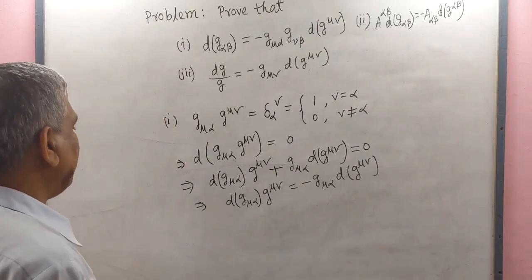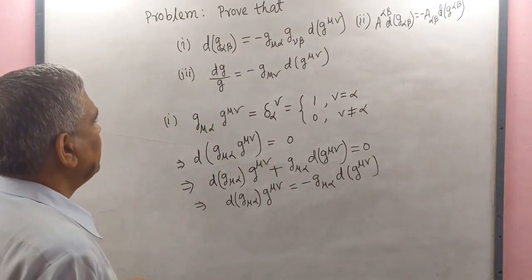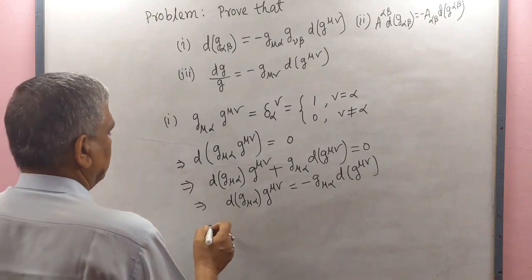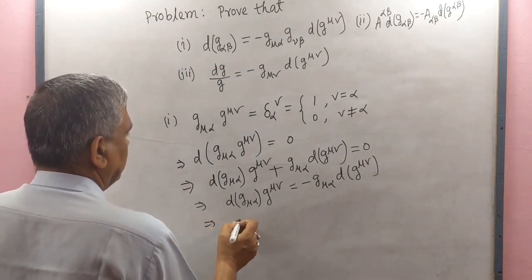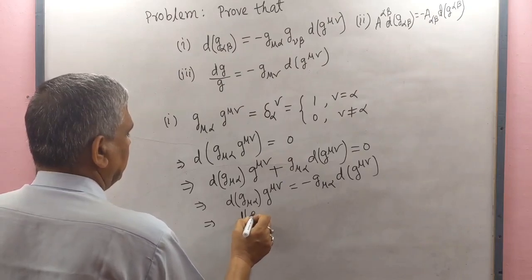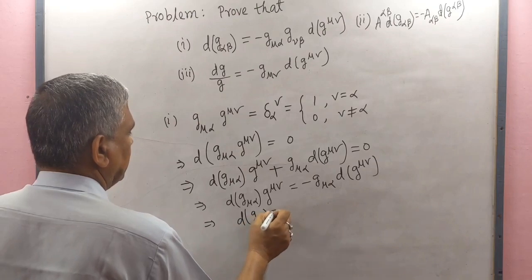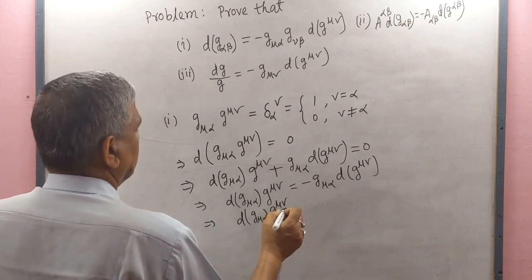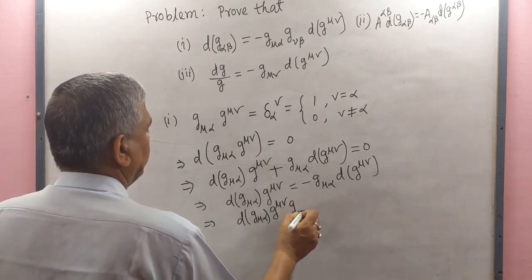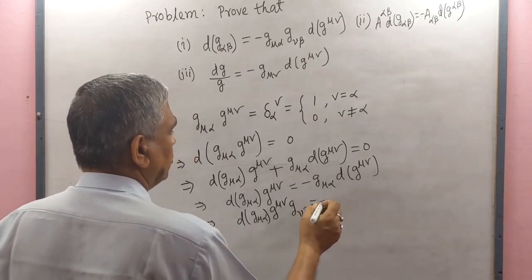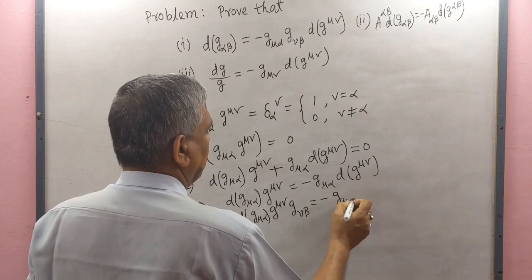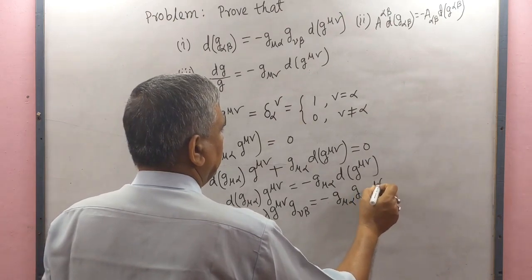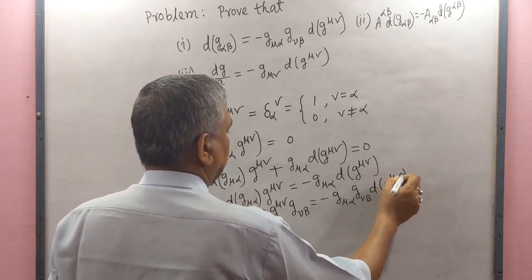Now multiplying both sides by g nu beta, which implies that d g mu alpha g mu nu g nu beta, this side also minus g mu alpha g nu beta d g mu nu.